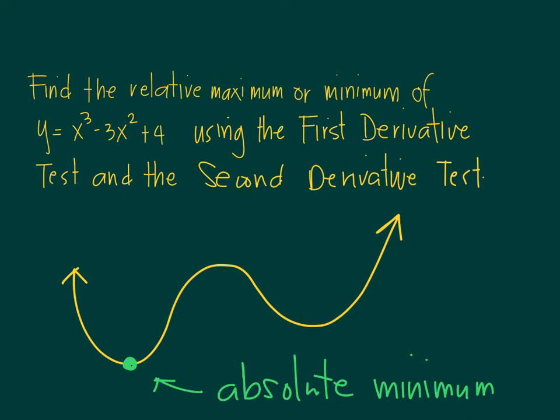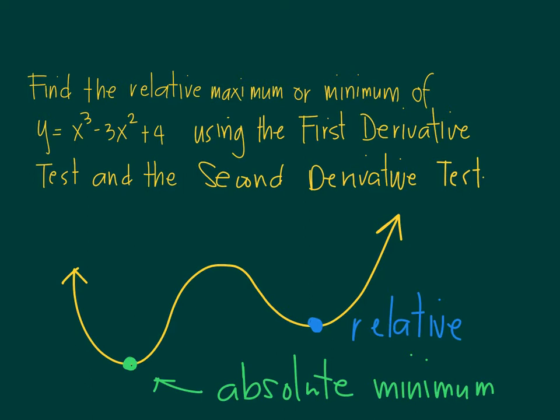Now, if we cut the graph on an immediate interval, then the blue point is still a minimum, but no longer an absolute minimum, it's a relative minimum. The word relative is used because we can consider a smaller interval, and in that interval, relatively, that's the minimum value.